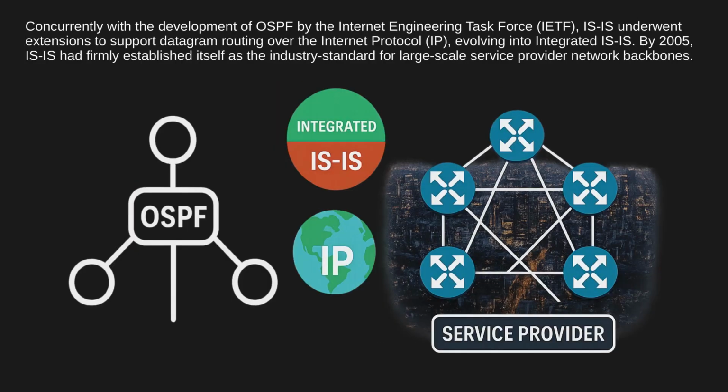Concurrently with the development of OSPF by the IETF, ISIS underwent extensions to support datagram routing over the Internet Protocol, IP, evolving into integrated ISIS. By 2005, ISIS had firmly established itself as the industry standard for large-scale service provider network backbones.